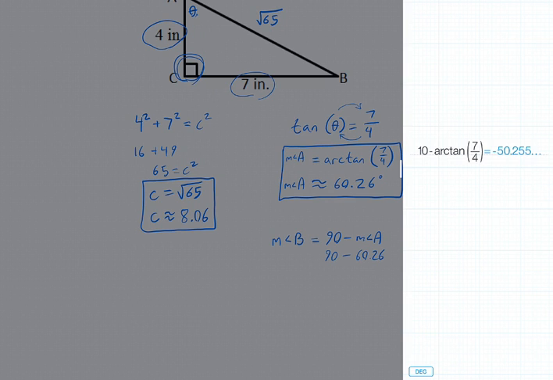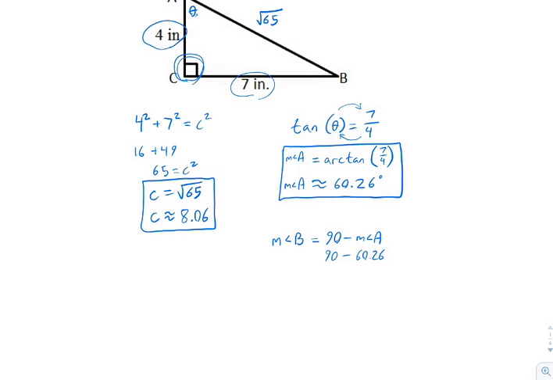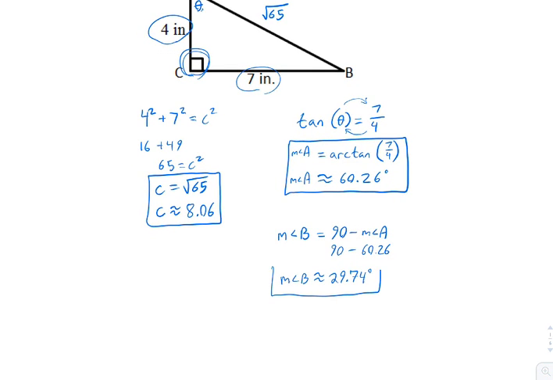Okay, so I am getting, oh shoot, they couldn't read my nines. My nines are so rough. Okay, there we go. So we get 29.74. So measure of angle B is around 29.74 degrees.